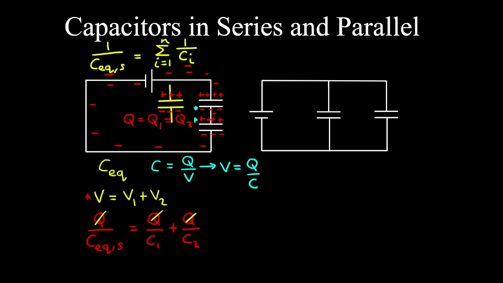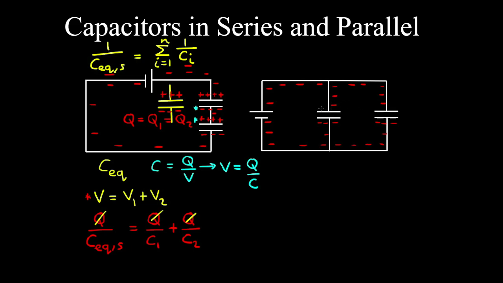Now when we have a set of capacitors in parallel, then the charge is going to build up on both capacitors. So you'll get negative charge building up on the bottom of each of their plates, and these repel electrons from the top, which flow back to the cathode of the battery.